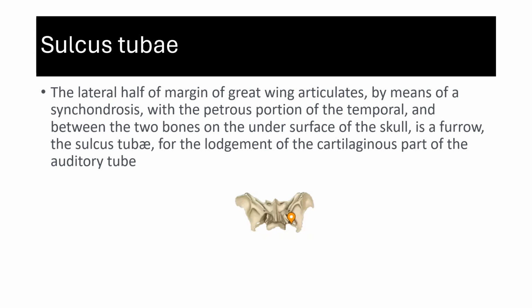So what we can understand is that the lateral half of the margin of the greater wing articulates by means of synchondrosis with the petrous portion of the temporal bone, and between the two bones on the undersurface of the skull is a furrow called the sulcus tubae for the lodgement of the cartilaginous part of the auditory tube.